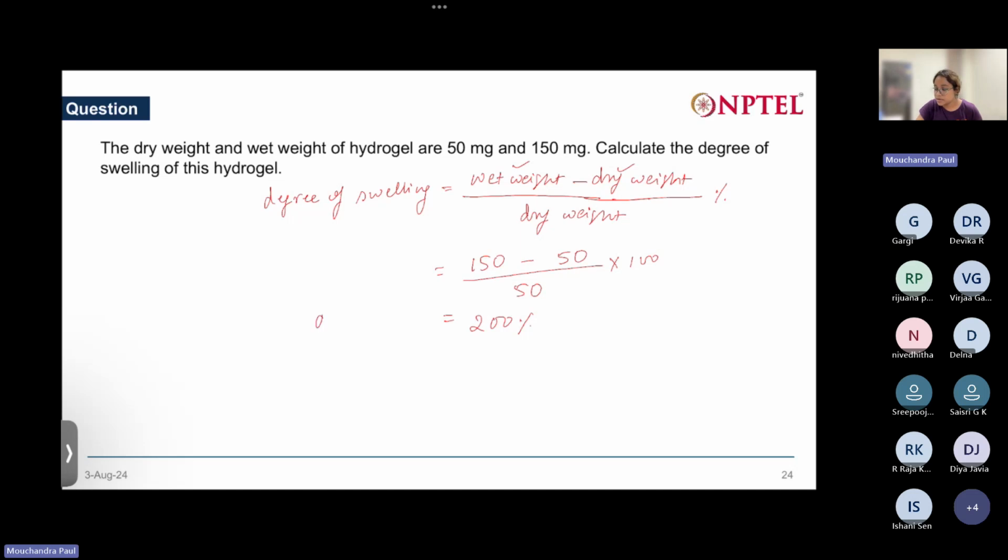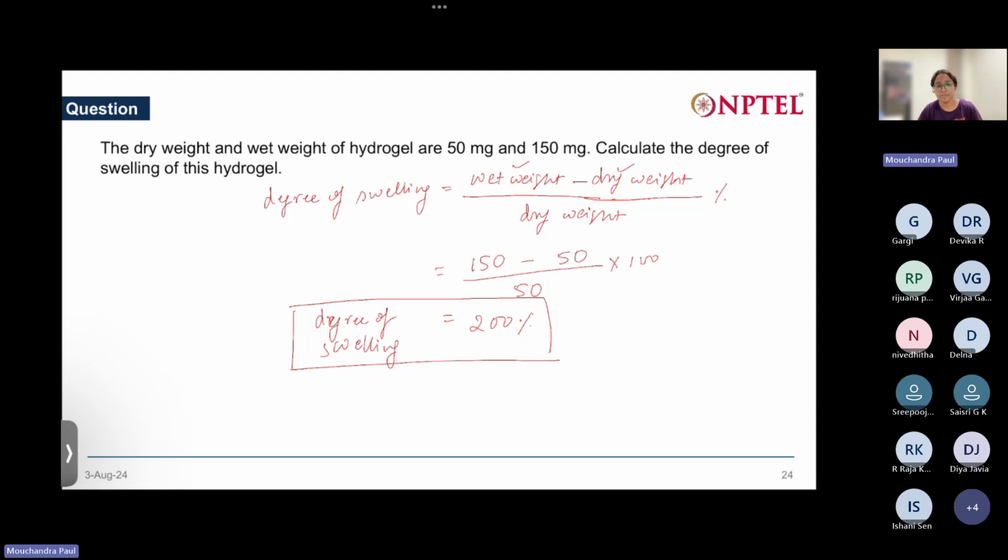So the degree of swelling in this case is 200%. Okay, understood, everyone? Yes, ma'am.